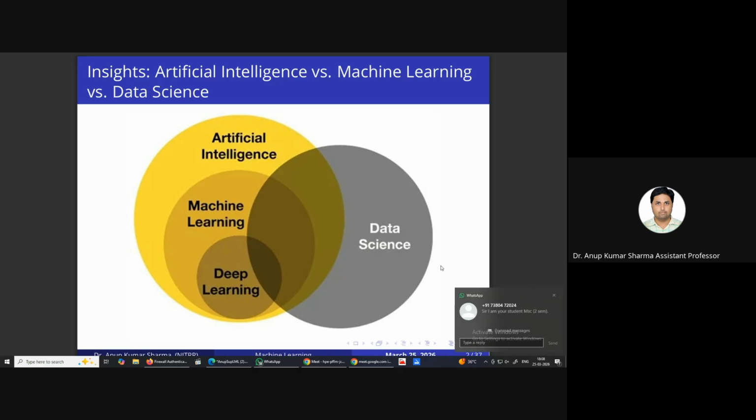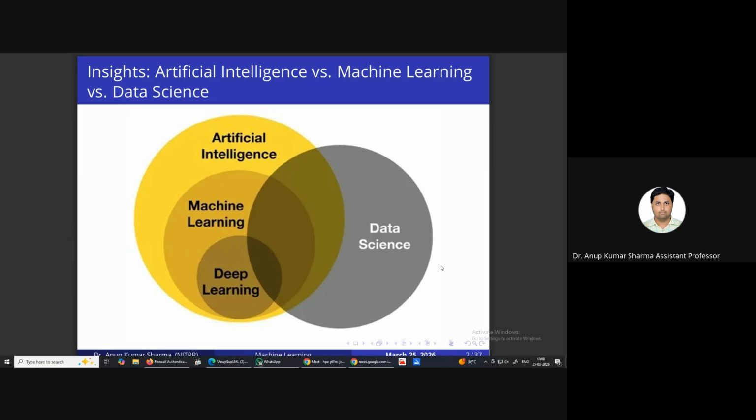Artificial intelligence is very broad in that sense, and machine learning is a part of it.